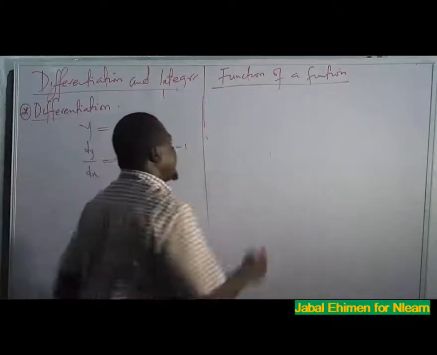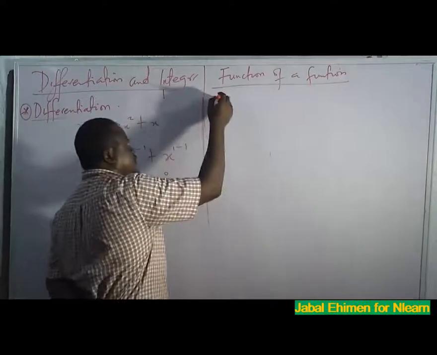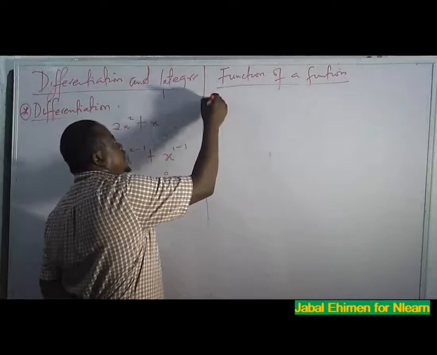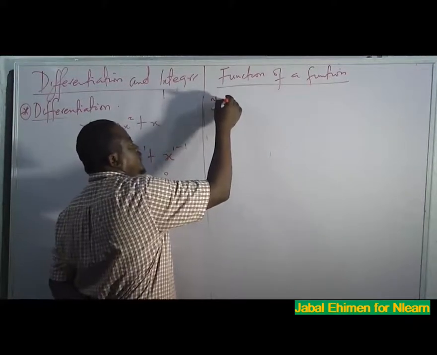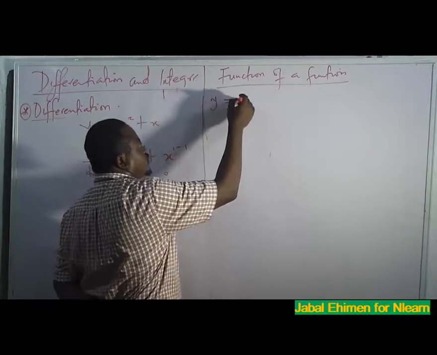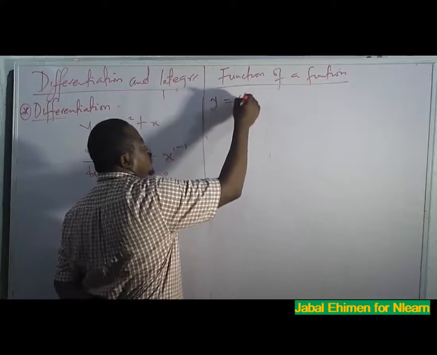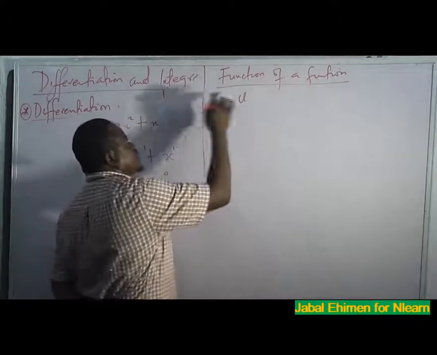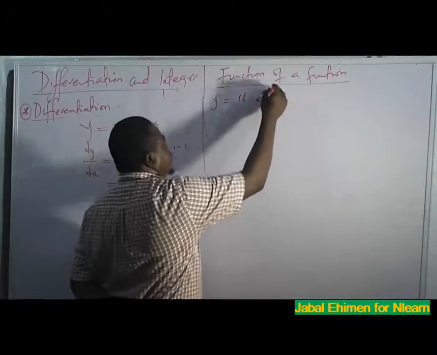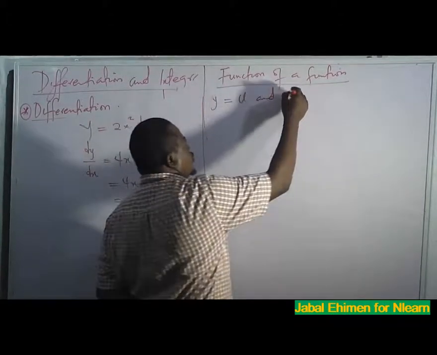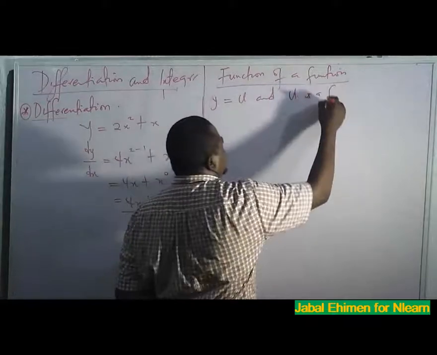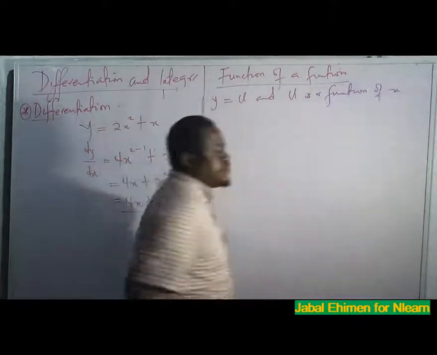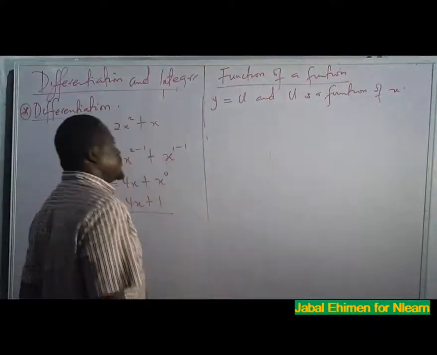For example, if I have y equal to u, and u is a function of x. That's why it's called a function of a function. It's a function of x.